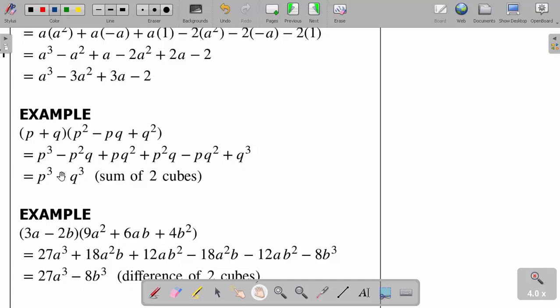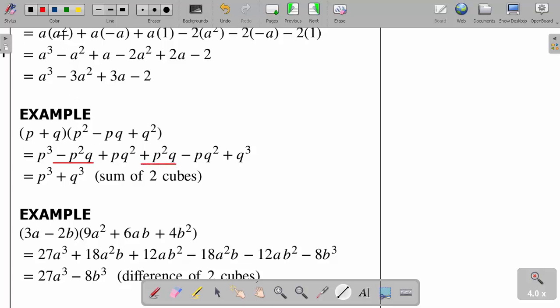Like terms, do we have them? Check this out. Now if I check properly, I can see that this one here is minus p squared q. What about here? It is positive p squared q.